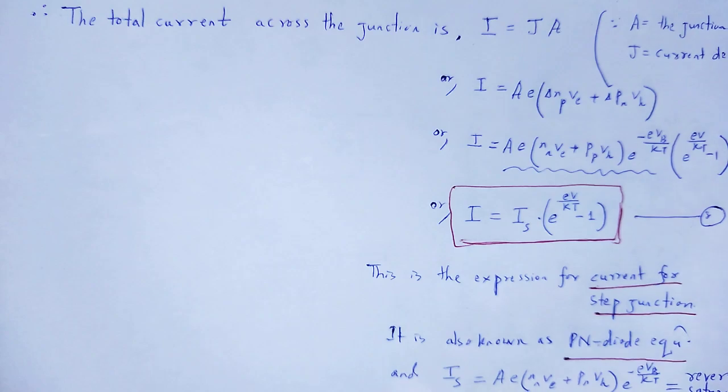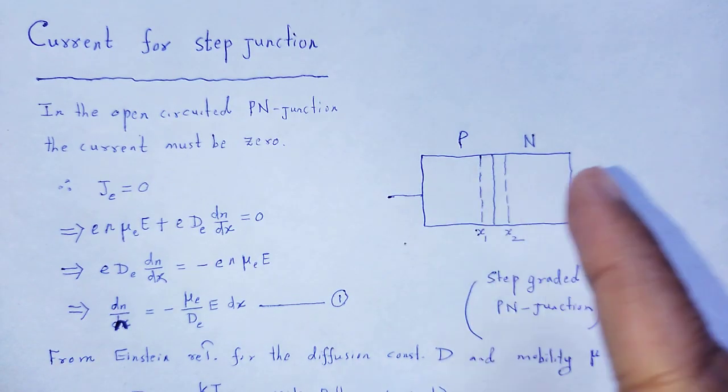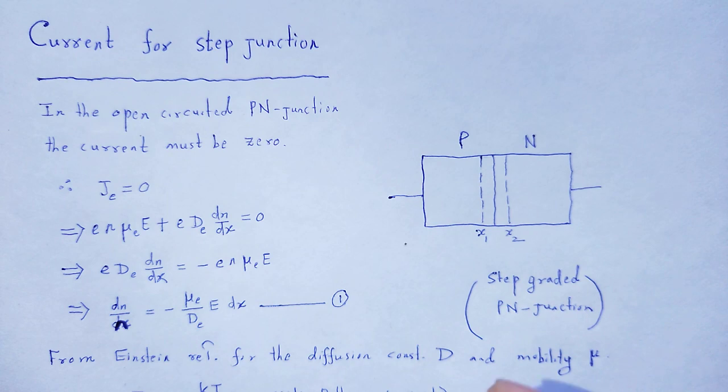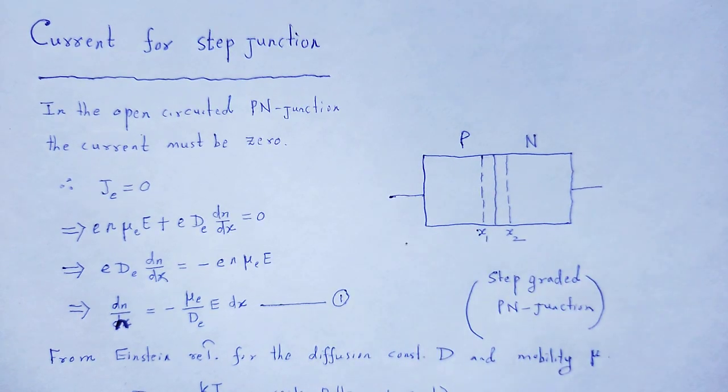Here, with the help of this video lecture, we understand the concept of current for a step junction. First, we take a step graded PN junction without applying any external potential.